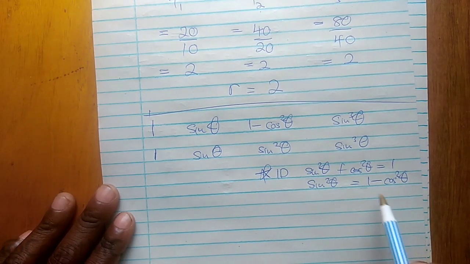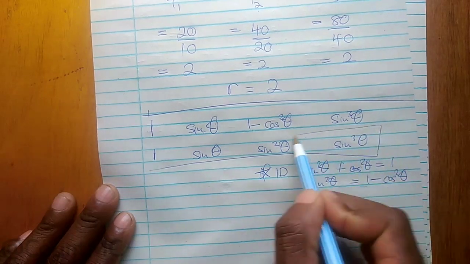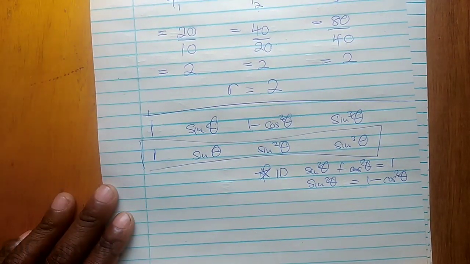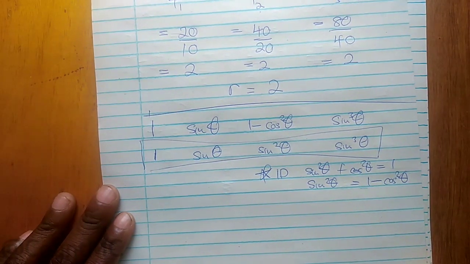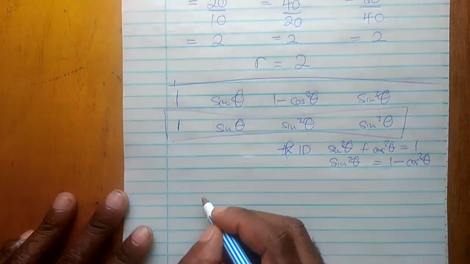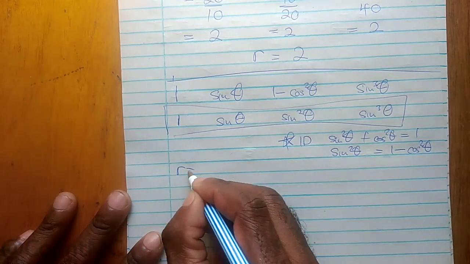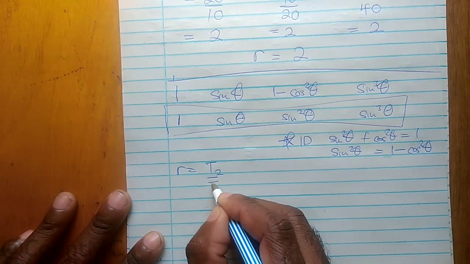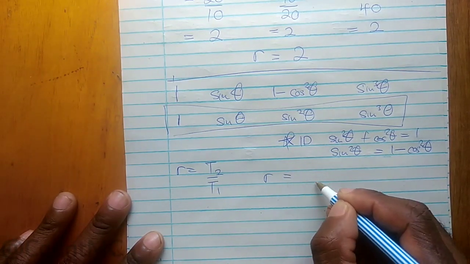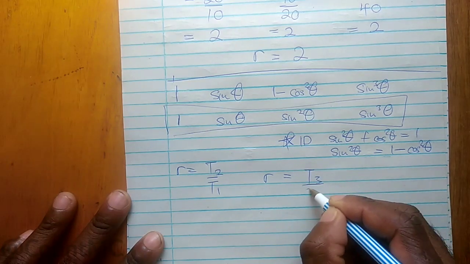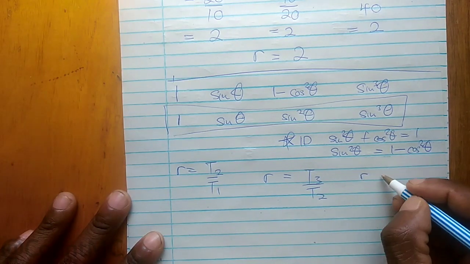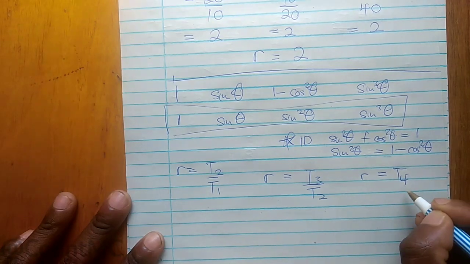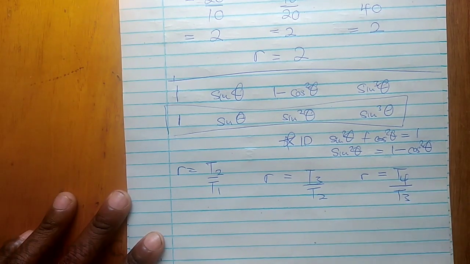Alright, so this is our sequence. What's happening here? R is equal to term 2 divided by term 1. R is equal to term 3 divided by term 2. R is equal to term 4 divided by term 3.